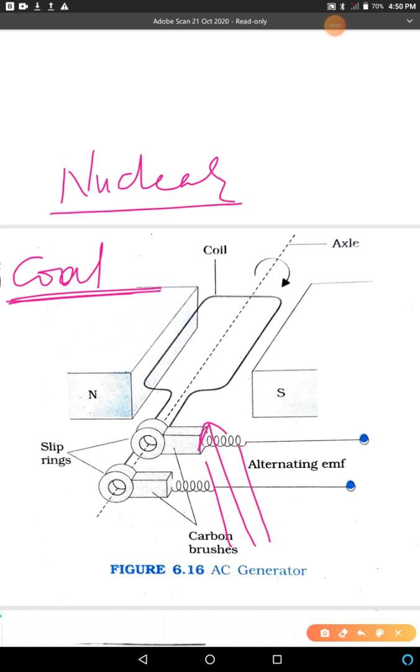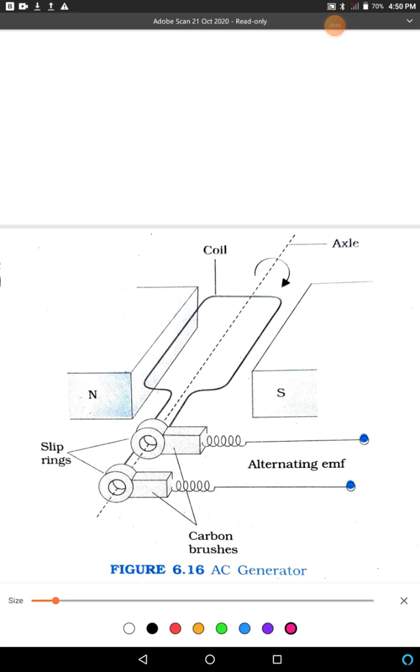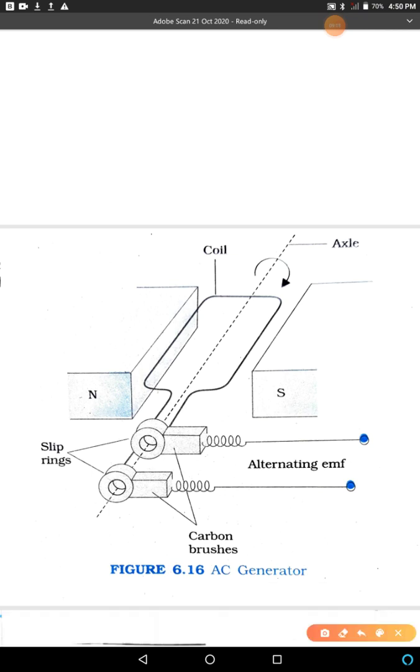When the coil starts rotating, in the beginning the coil will be in a different orientation.